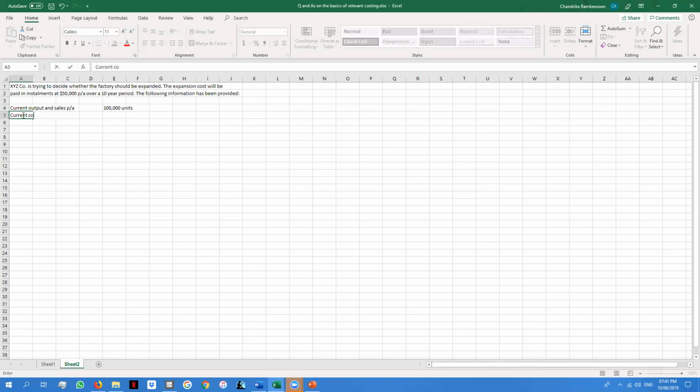Current contribution per unit, okay, is $10. Now remember, contribution is sales less variable cost. Now, as we would have seen when we looked at marginal costing, variable cost is indeed considered to be a relevant cost.